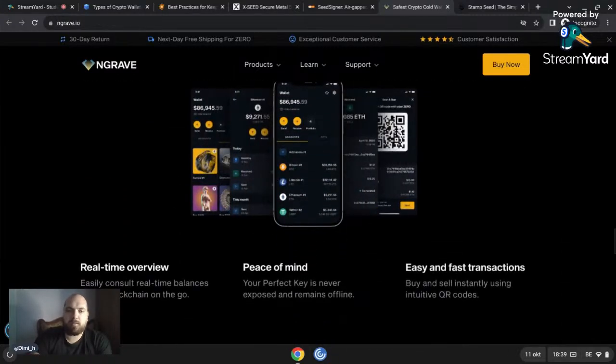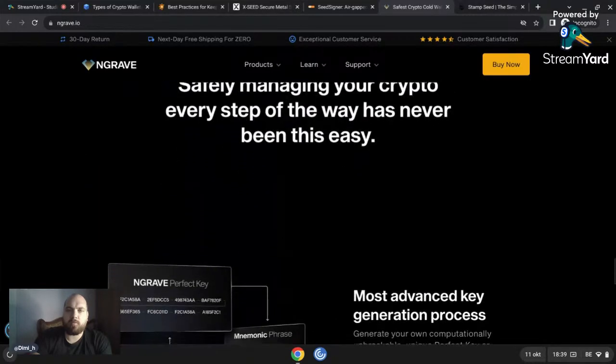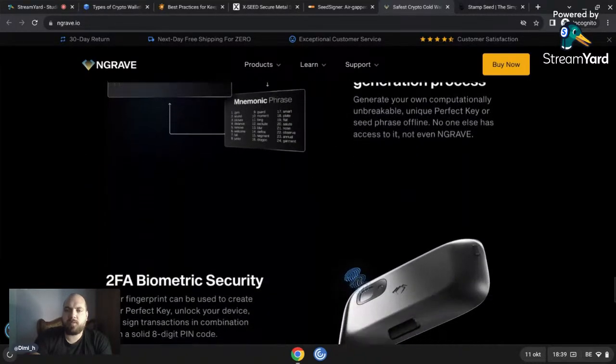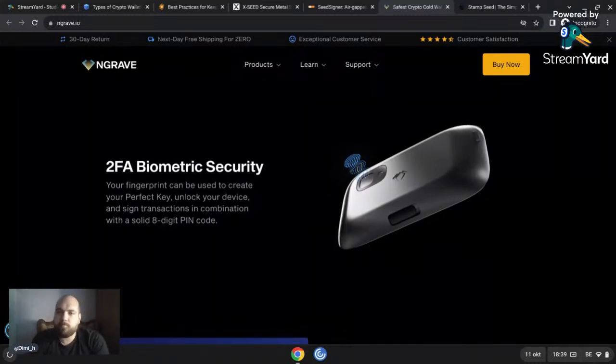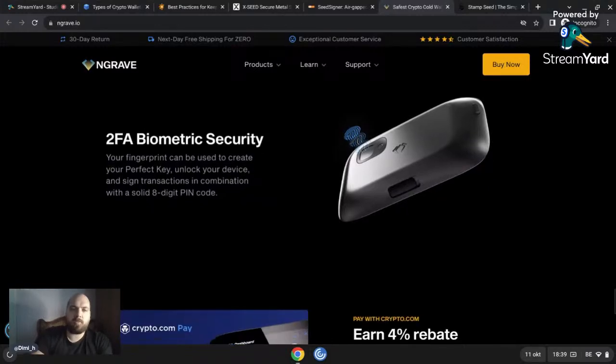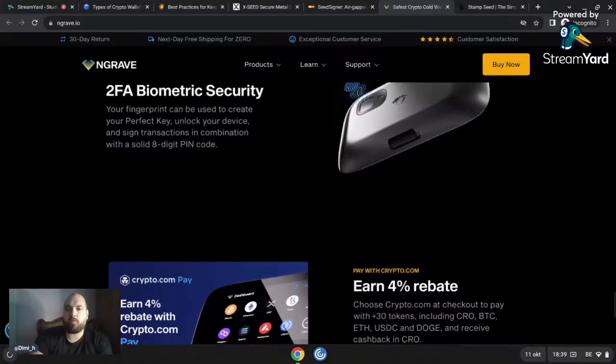Is there something else I might need to cover? Oh yeah, they also initiated two-factor authentication with biometric security, making use of your fingerprints in combination with a solid 8-digit PIN code.